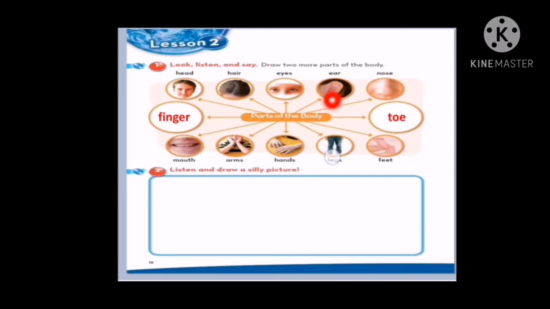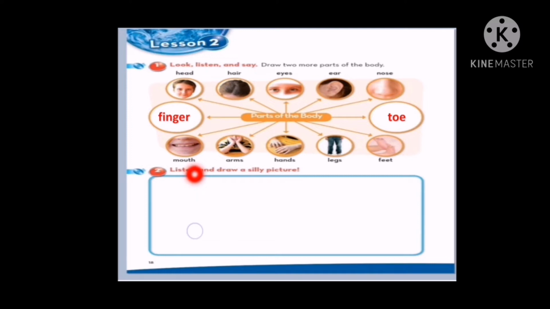Ear, one ear, 2 ears. Nose. Feet, 1 foot, 2 feet. Legs, 2 legs. Hands, 2 hands. Arms, 2 arms.